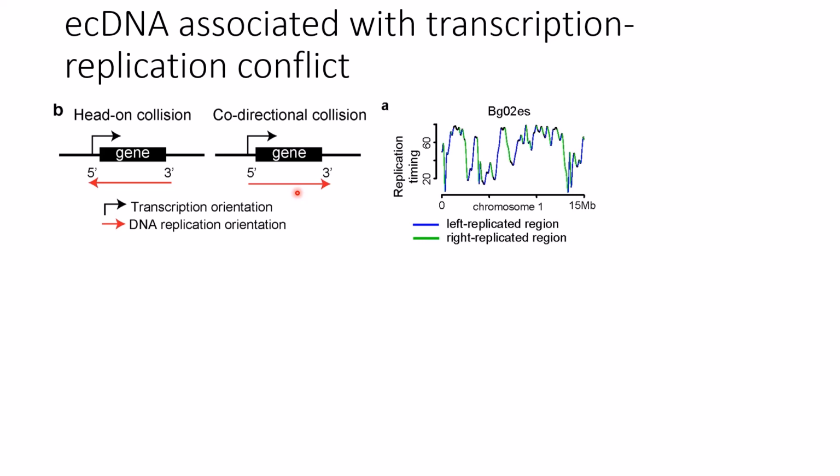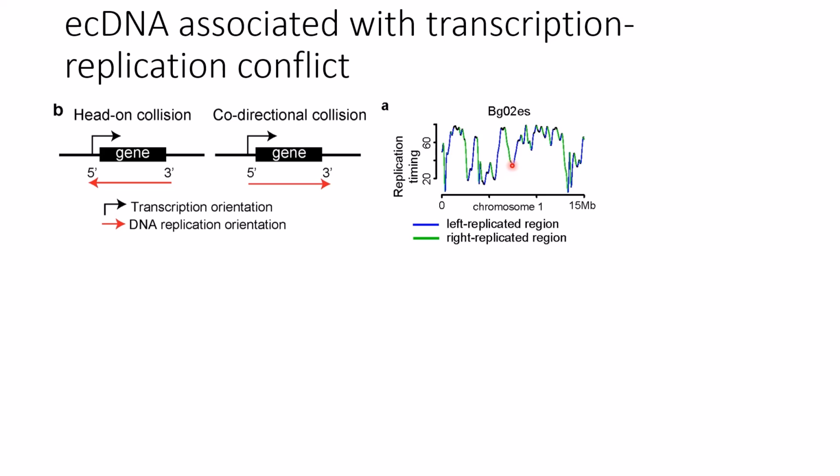Then we could use replication timing profile produced by RepliSeq experiment. In these experiments, these regions are early replicated regions, and these bottoms are late replicated regions. And then we could define left replicated region and a right replicated region based on these sharp transition regions in these profiles.